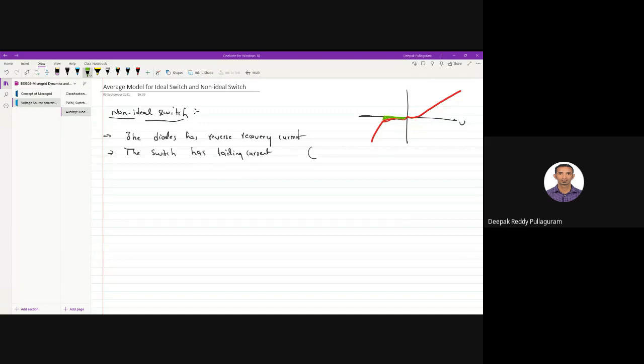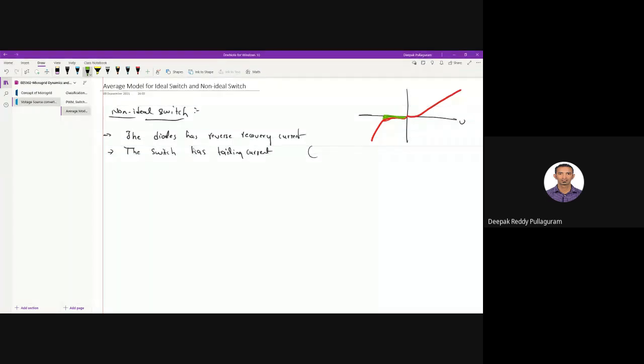That current is called reverse leakage current or reverse recovery current. So in reverse recovery current, you have some negative current.